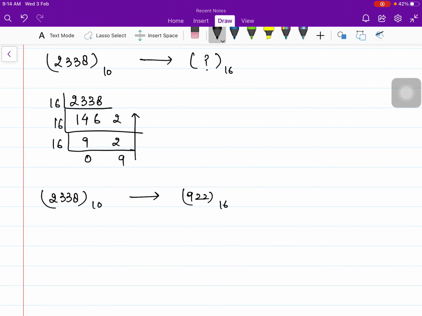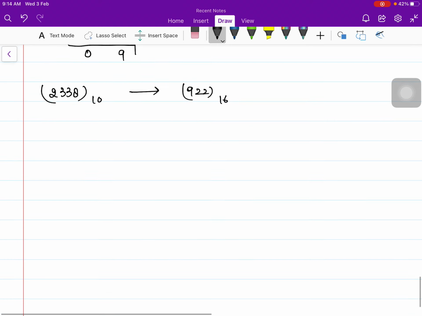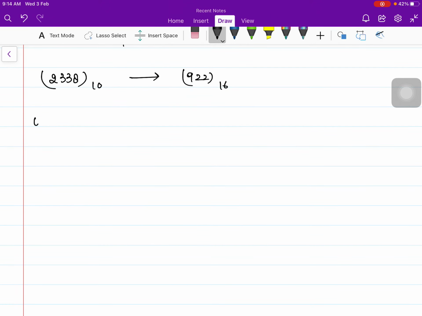So I hope that now no doubts would have been left, and let us do one more question. If it would have been after decimal and you are asked to convert it into hexadecimal, what is the process? 0.122 into 16 will give you 1.952, record 1.